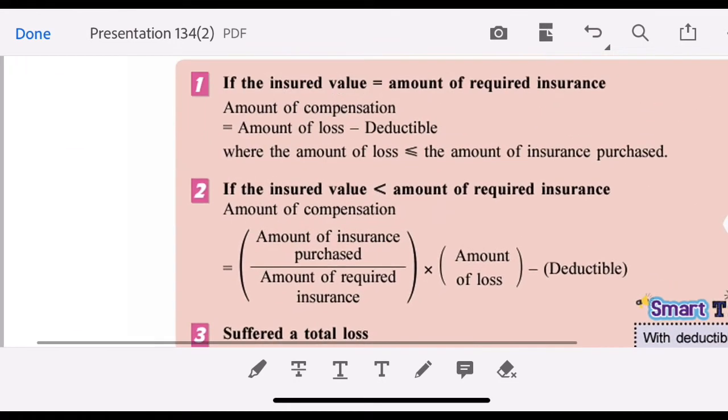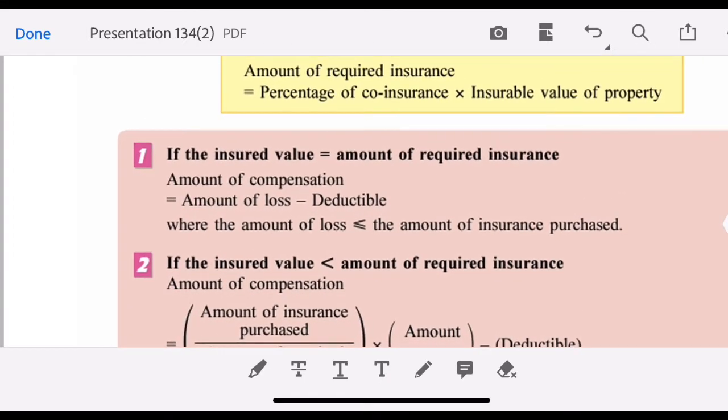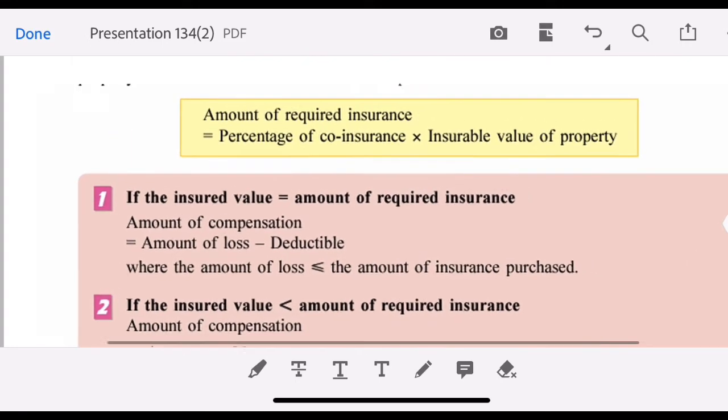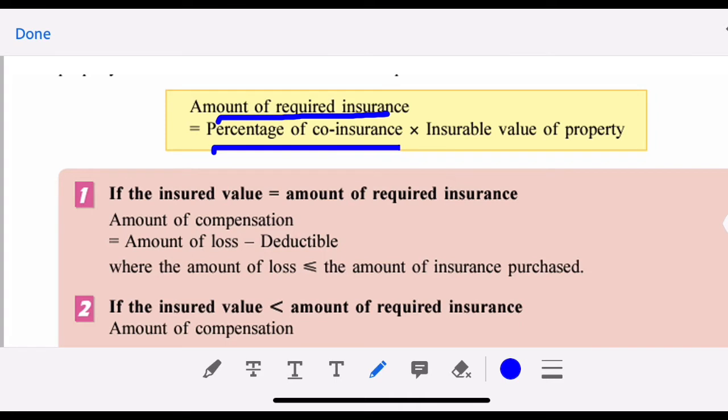Okay, for question number 7, we need to understand that there are 3 cases for the amount of required insurance. It's actually the percentage of co-insurance times the insurable value of the property.